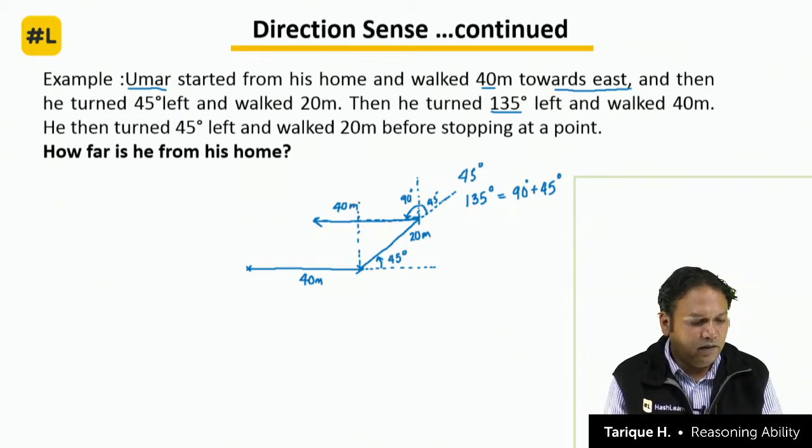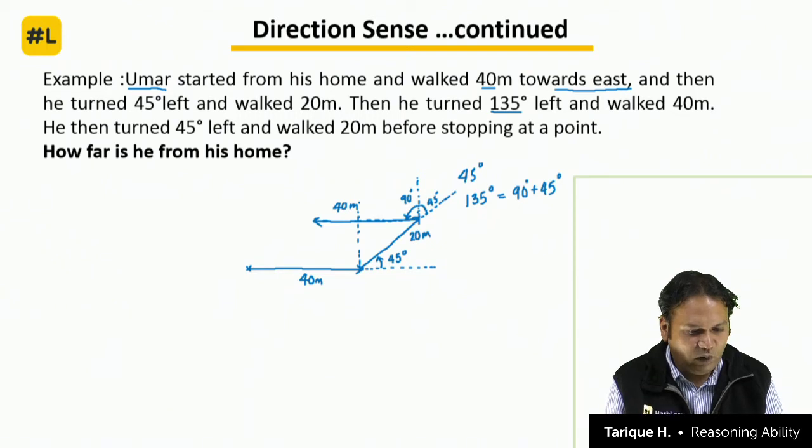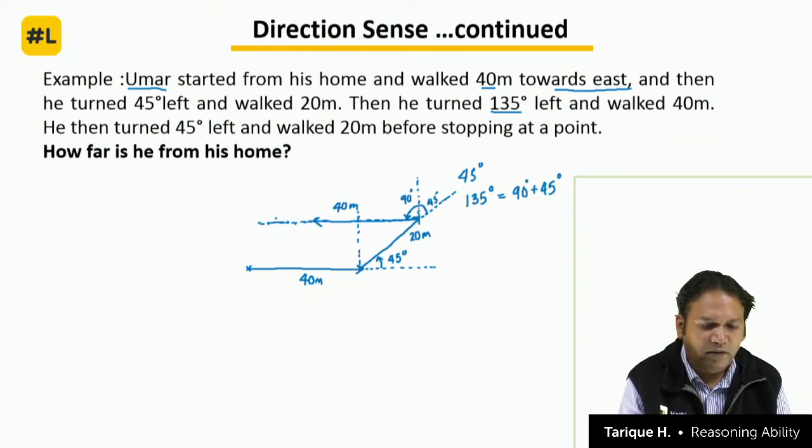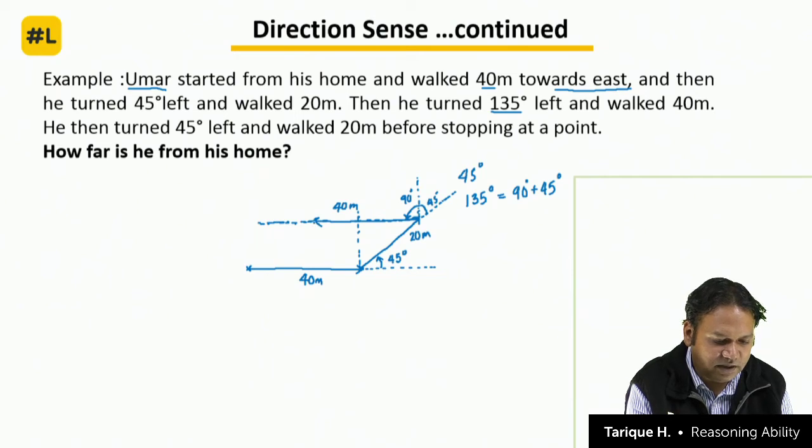He then turned 45 degrees left and walked 20 meters before stopping. So again from this direction, if he is going, this is the line of sight, 45 degrees left means this direction, and he walks 20 meters.